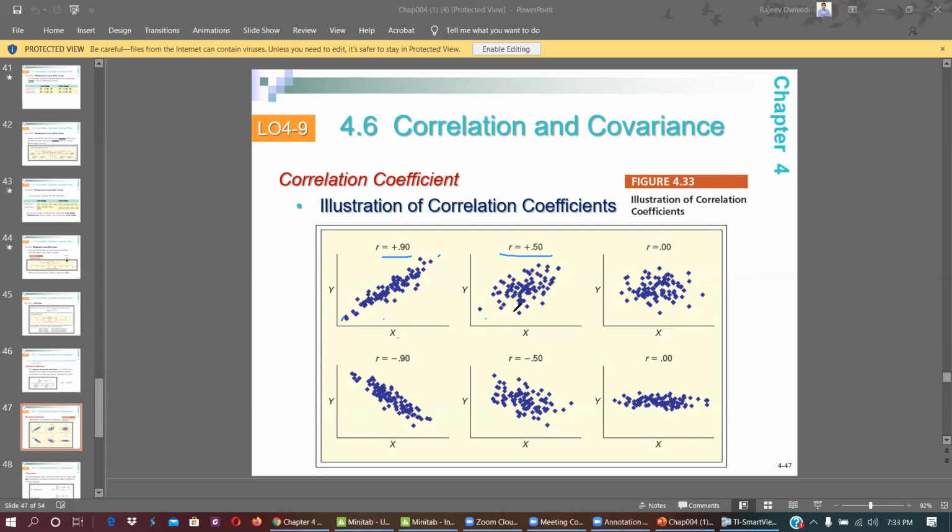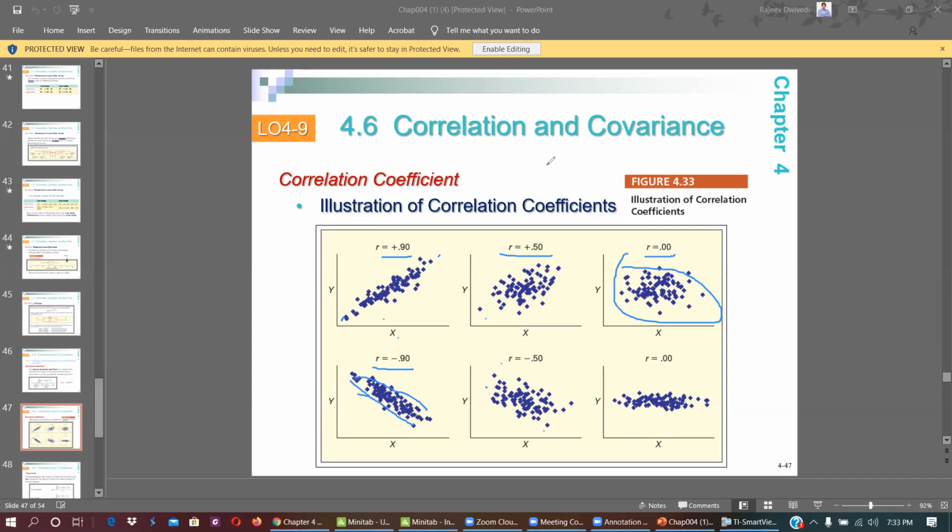This is not exactly a straight line, but here you don't see that relationship, that means the relationship is zero. X is increasing and y is decreasing, that is negative 90%, but it is coming in line. This is exactly opposite, that is negative 50%, and this is no relationship. So correlation is the relationship between two variables, and that can be very easily understood.